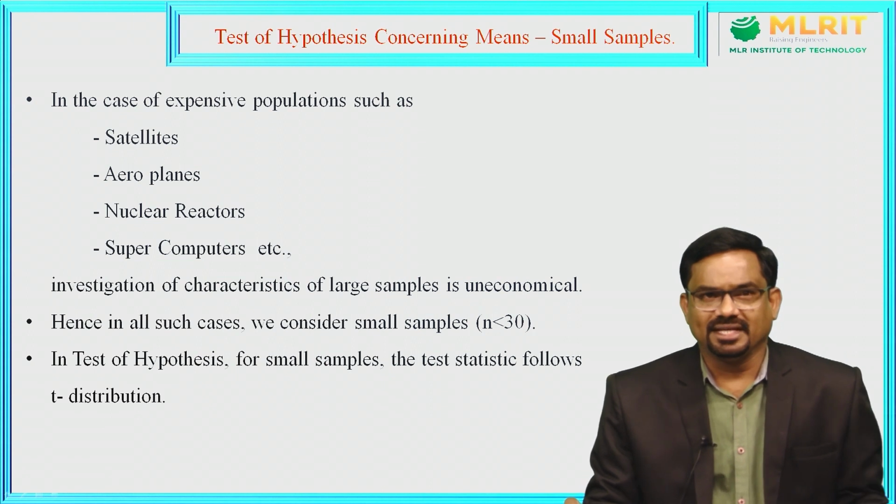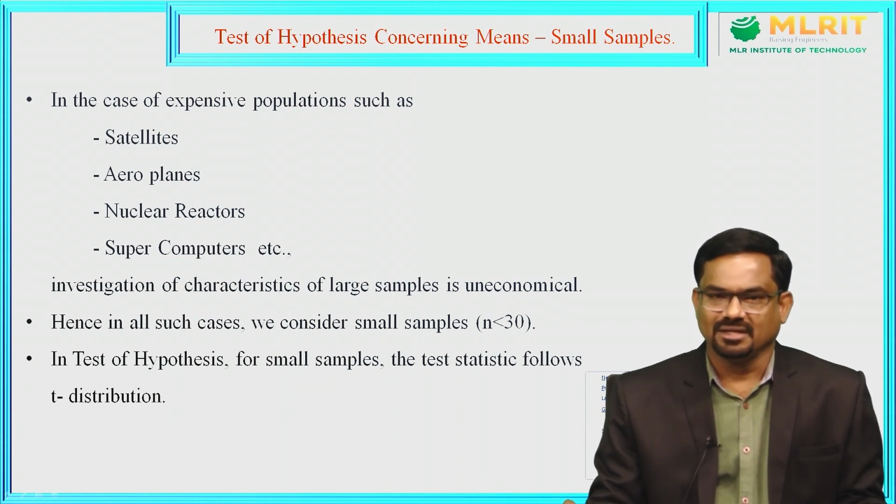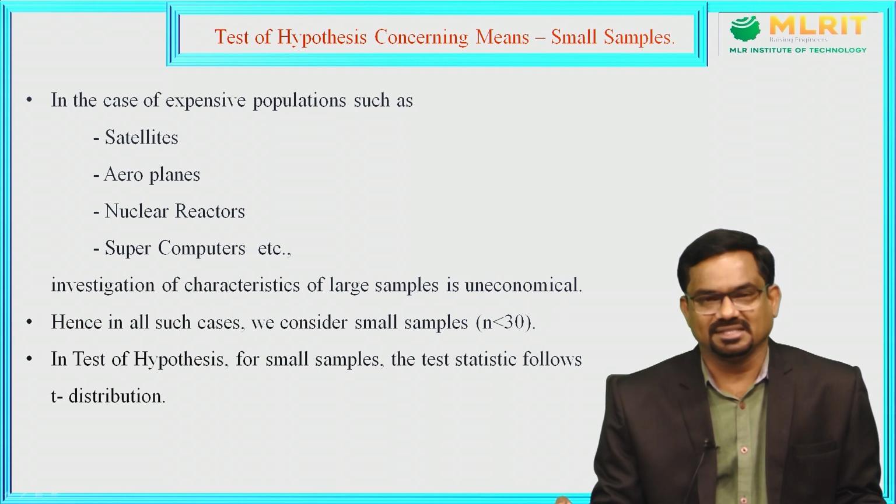In the case of expensive populations such as satellites, aeroplanes, nuclear reactors, supercomputers, etc., investigating the characteristics of large samples is uneconomical, even impracticable. In such cases, we consider small samples, that is, n less than 30.